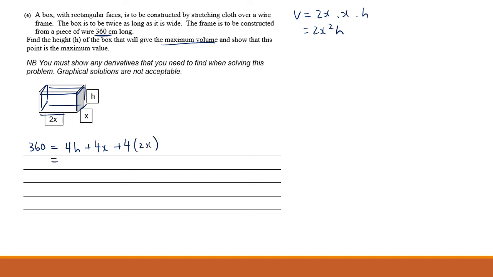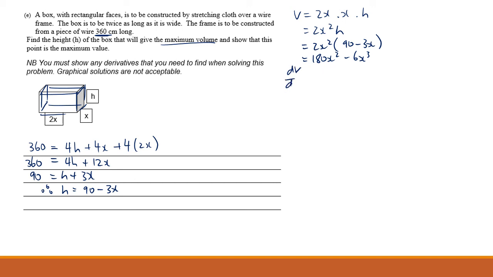So in other words, 360 is 4h plus 12x. Now, they're all multiples of 4, so they're all factors. In other words, we've got h is 90 minus 3x. I'll chuck that up here into my volume formula. So 2x squared times 90 minus 3x, well, that is 180x squared minus 6x cubed.